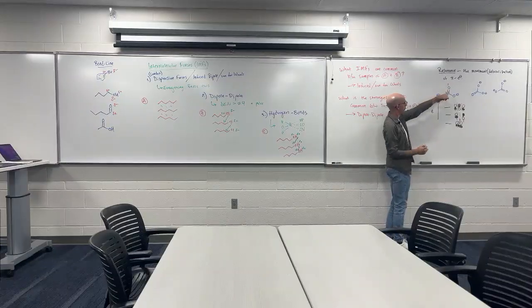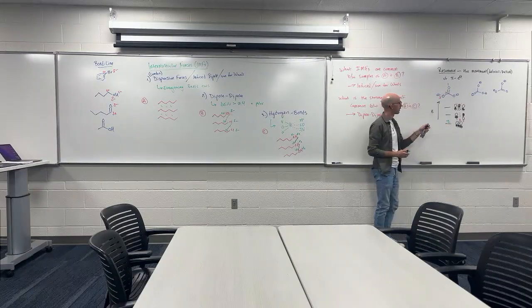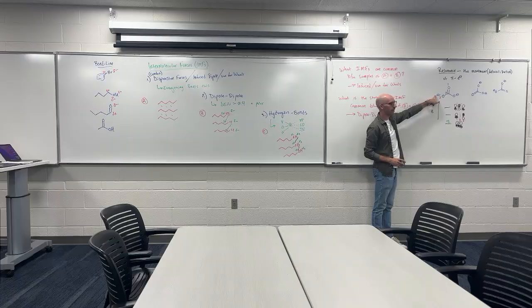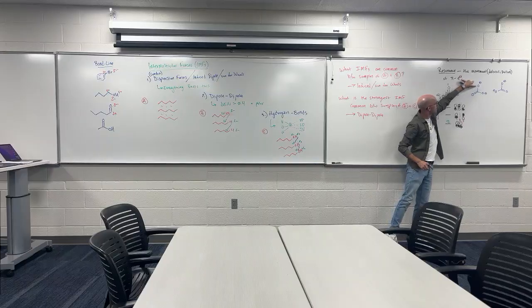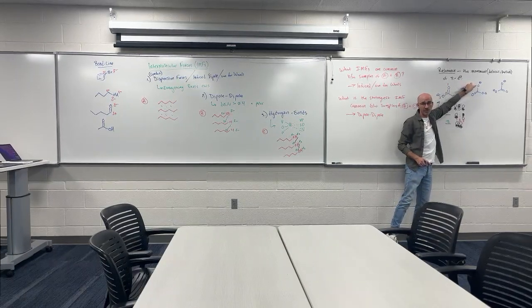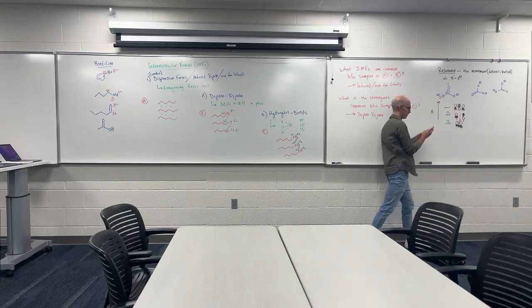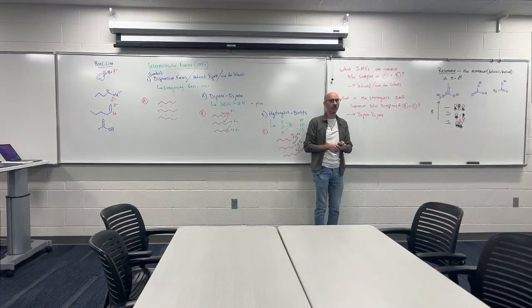Well, we know there's a pi bond, so that's 2 electrons. And we know that there's a lone pair here that can actually seem to become delocalized to up here. So that's involved in the pi system.